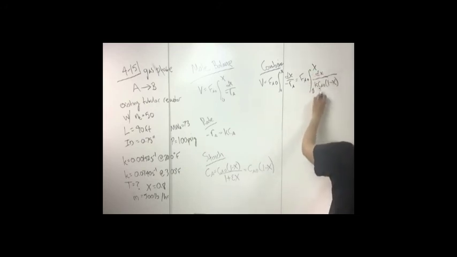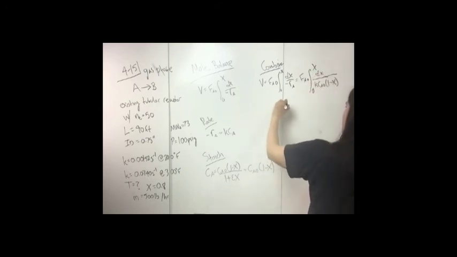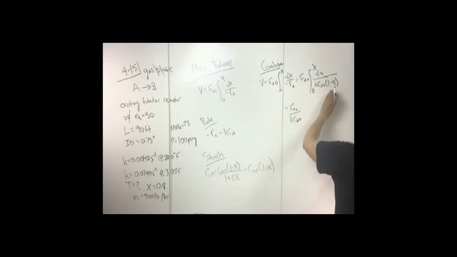And I'm going to pull the k CA naught out, so then this is equal to FA naught over k CA naught, and then I'm just going to integrate that, so natural log of 1 over 1 minus x.